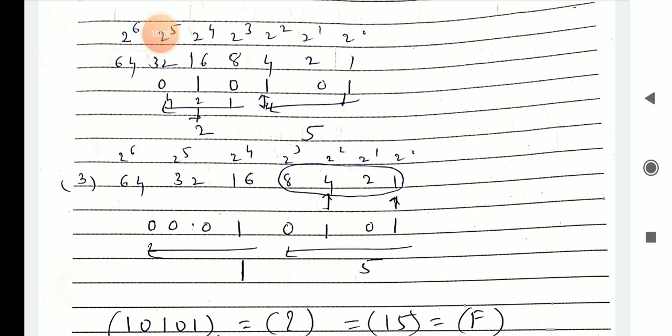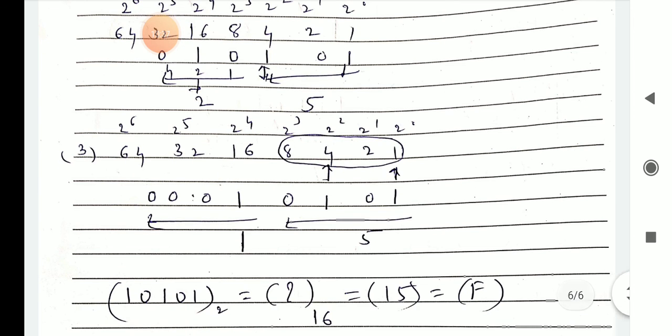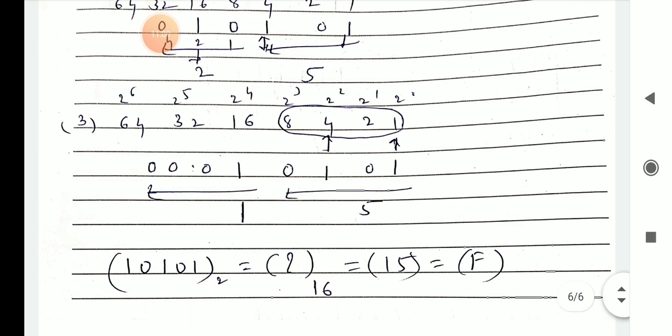So in hexadecimal conversion you have to consider 4 pairs, and in those 4 pairs you use the 8 4 2 1 pattern. So 4 plus 1, 5 is the answer, and for the next group you use 1. So you do not consider the 8 4 2, the last one is 1, so you use 1. So 15 is the answer for that conversion. For 10101, the binary to hexadecimal conversion answer is 15, and in letters you can write that as F.